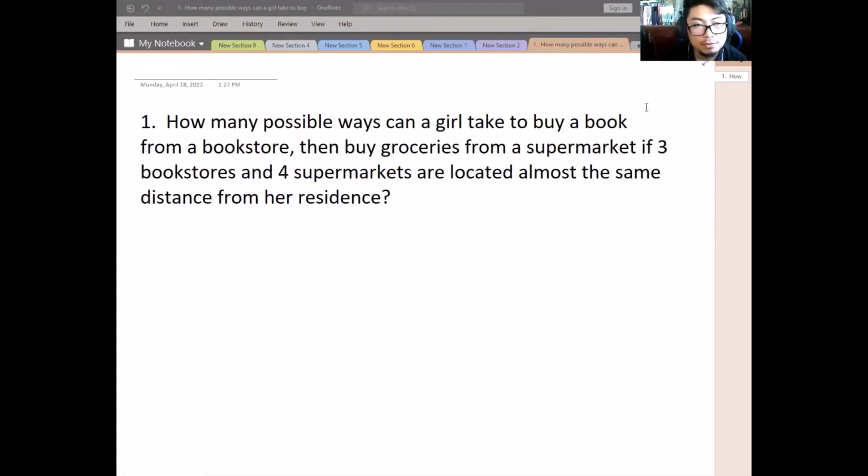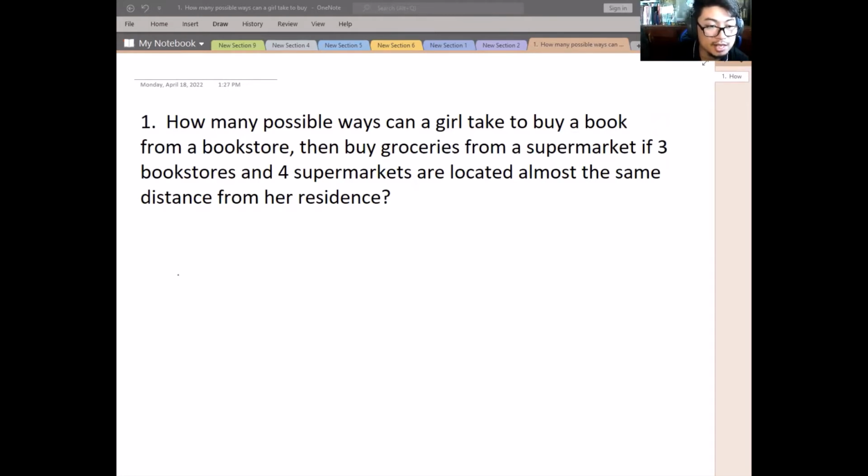Okay, how many possible ways can a girl take to buy a book from a bookstore, then buy groceries from a supermarket, if three bookstores and four supermarkets are located almost the same distance from her residence? So, let's try to solve it manually, then using our formula, so we can understand better.